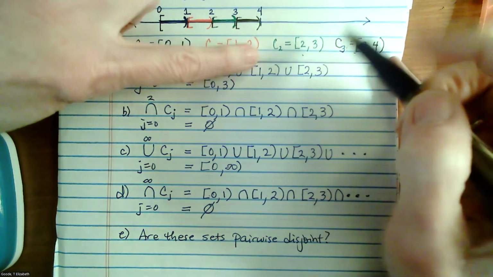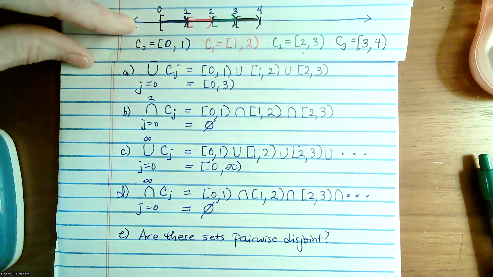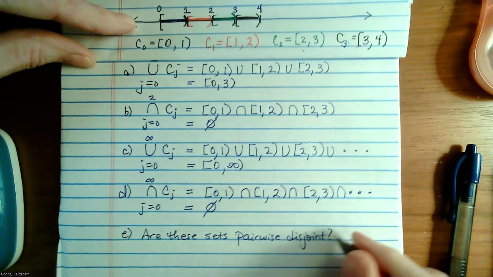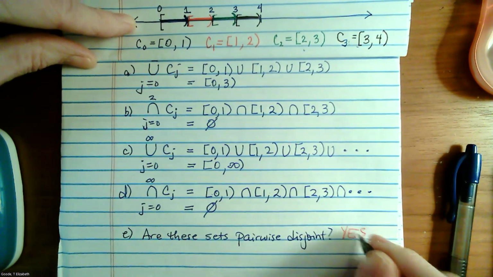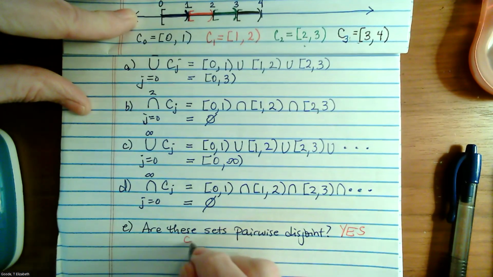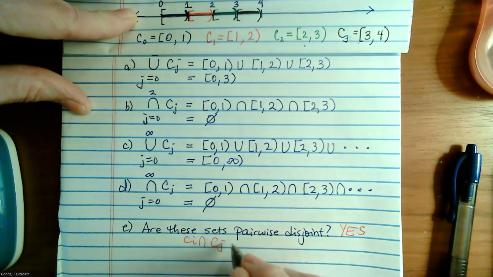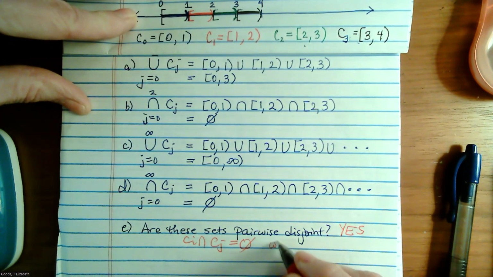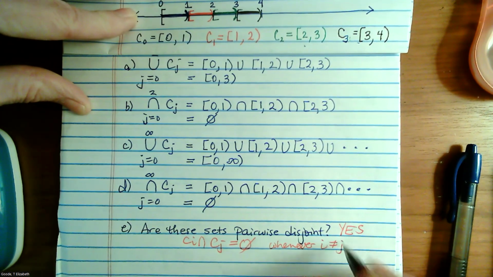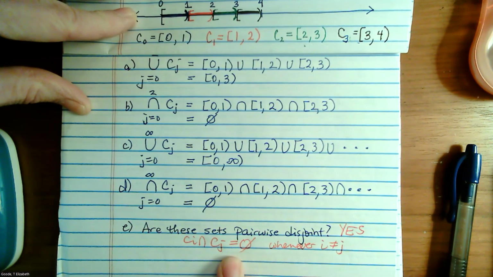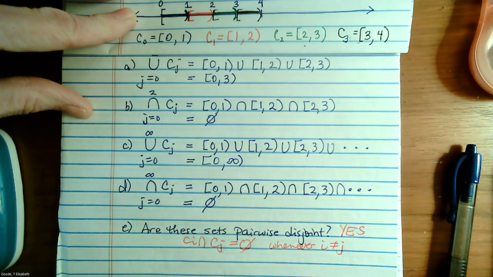They are disjoint. Yeah, absolutely. That's exactly right. They are mutually disjoint. C_i intersect C_j is empty whenever i is not equal to j. As long as you're not using the same set, the intersection is going to be empty.